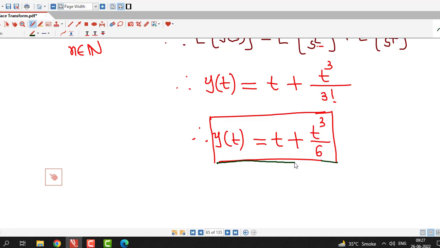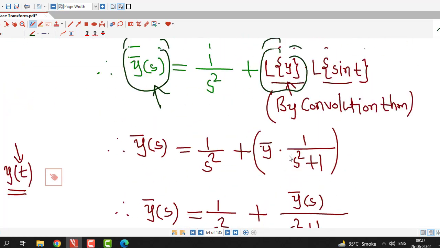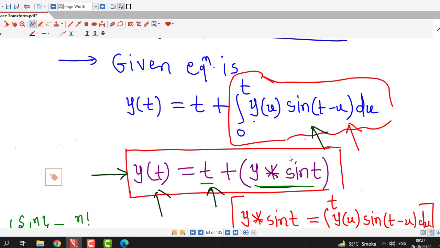So remember, this is a very easy method. We just have to write down the integral in the integral equation in terms of a convolution of two functions. This is the main step: how to write it down, or whether it is possible to represent the given equation as a convolution of two functions. Once you write this integral as a convolution of two functions, then things are easy.